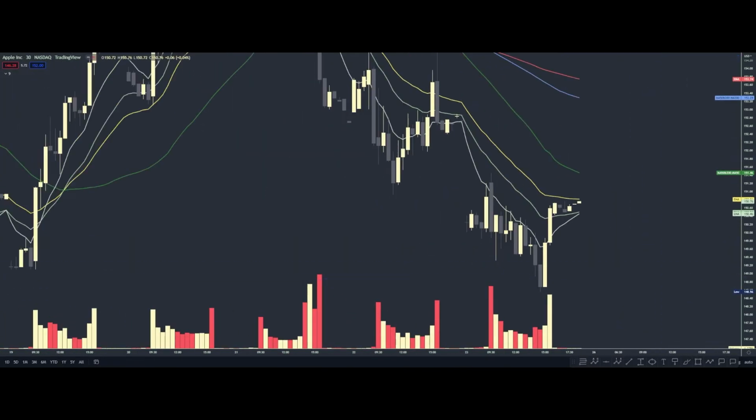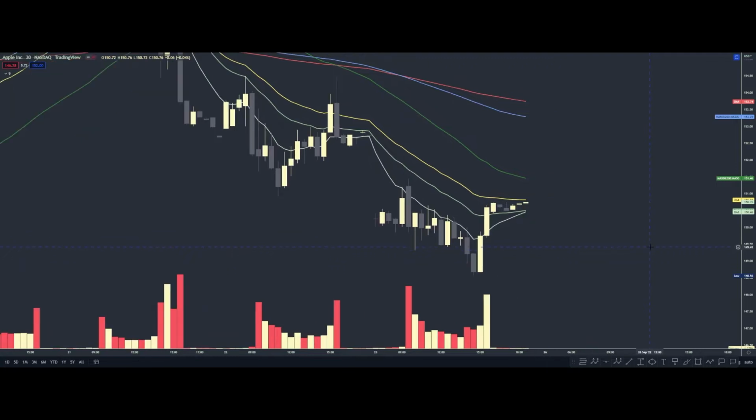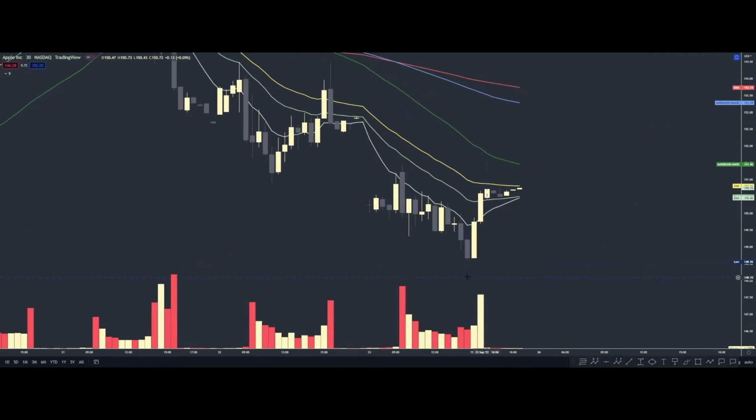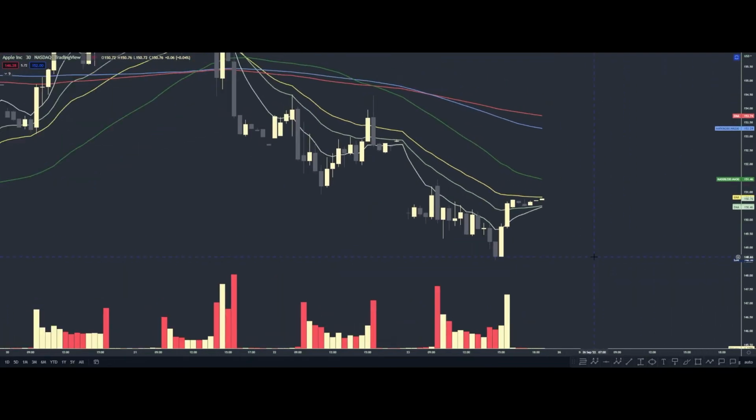Essentially, guys, what I'm looking for is, like I said, those peaks and valleys, the reversals, to go ahead and implement zones.